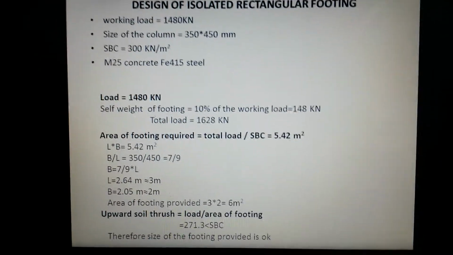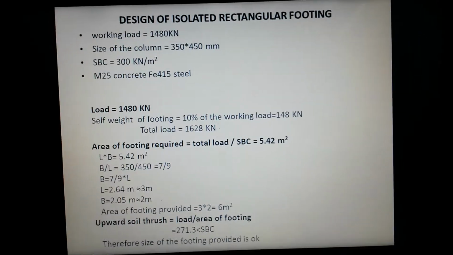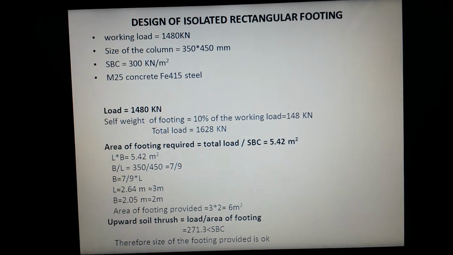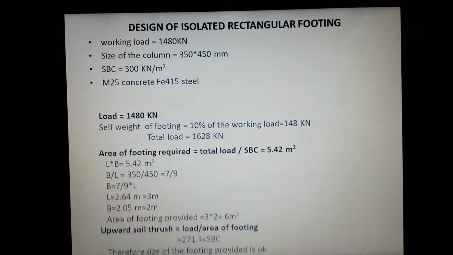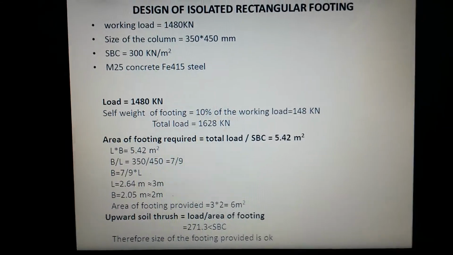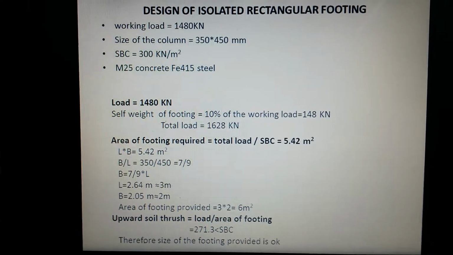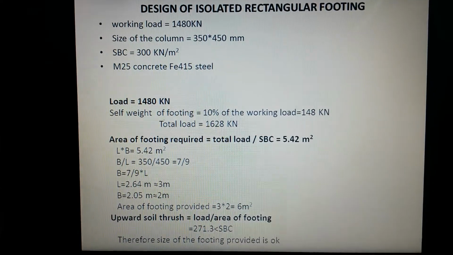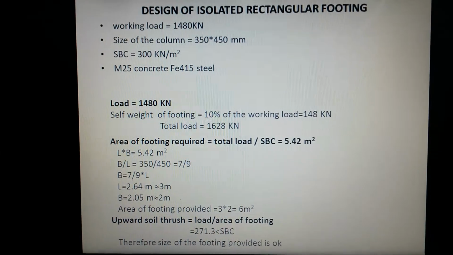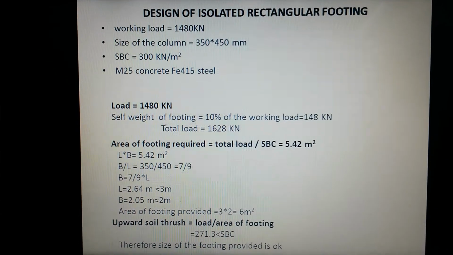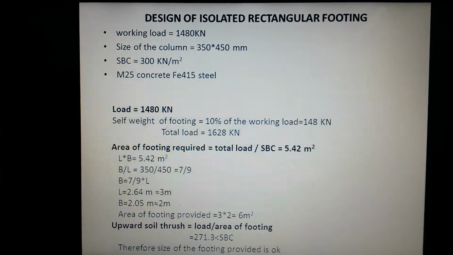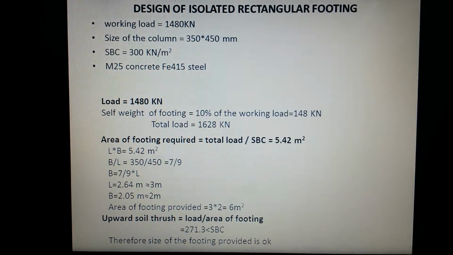And coming up to the footing design, we design an isolated rectangular footing. From the analysis report, the end support reactions are taken. For the maximum support reaction, we designed the footing.